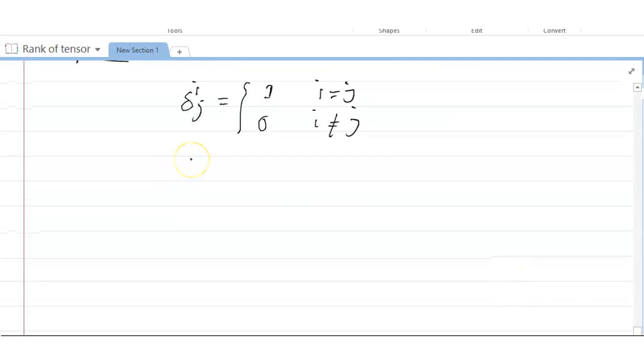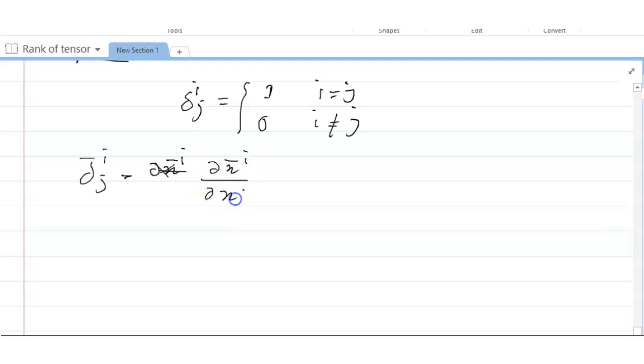So friends, del bar ij can be written simply as covariant: del x bar to the power i divided by del x to the power alpha, and del x to the power beta divided by del x bar j, is equal to del alpha beta.